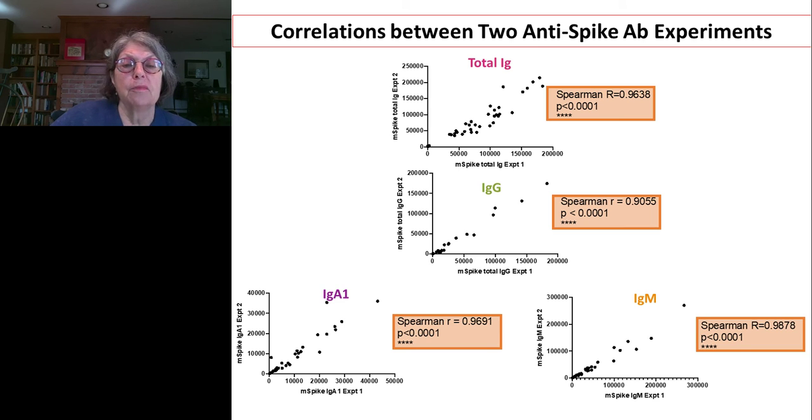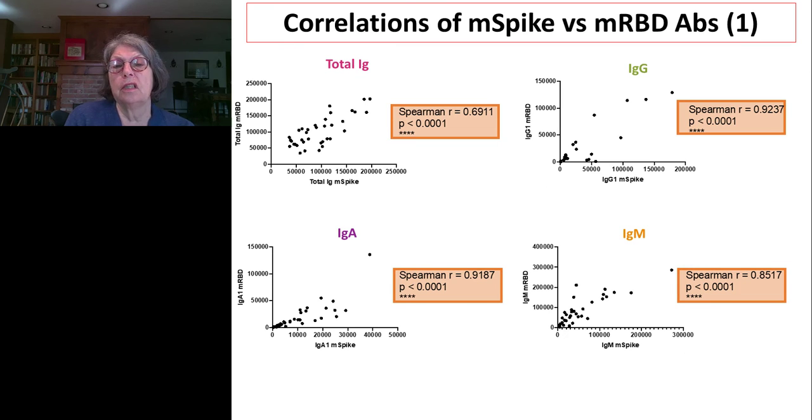So it's very reproducible assay to assay. And you would expect that there would be a correlation in the presence and levels of antibodies to spike and to RBD. And that also is true. As you can see here, all of the p-values are less than 0.0001.